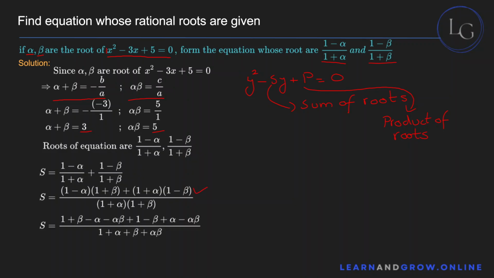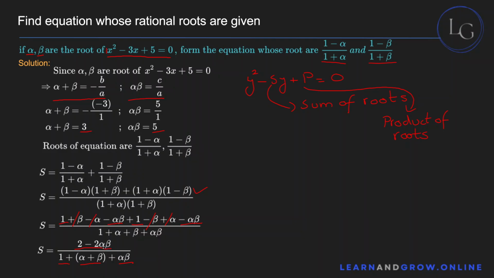Upon further multiplications and simplifications, you'll cancel out this plus beta and minus beta, and this minus alpha and plus alpha. So you'll add up this one and this one, and you'll add up this minus alpha beta and this minus alpha beta to get 2 minus 2 alpha beta. And in the denominator, this just becomes 1 plus alpha plus beta plus alpha beta.